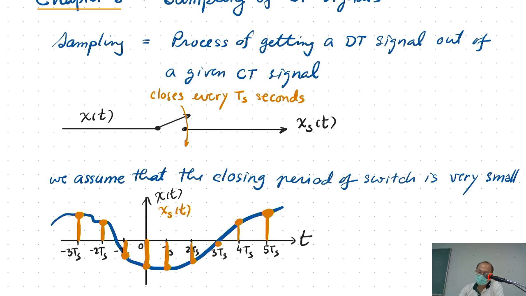If I erase the orange line, this is the signal xs. This is the discrete time version of the original one that I just erased, right? The blue line is x. The xs is the discrete time version that is sampled every Ts seconds. So this is what I mean by this process.